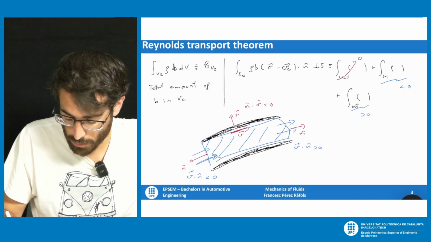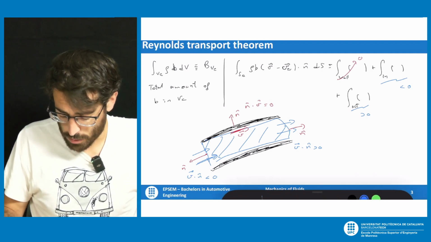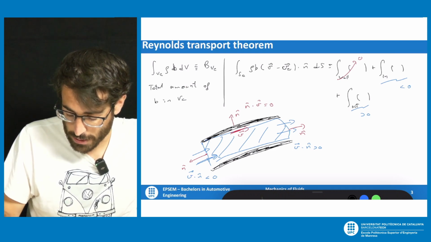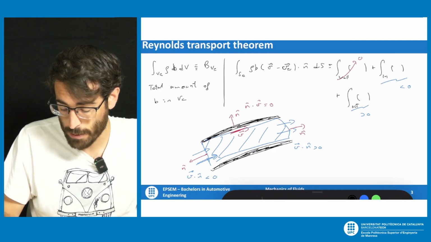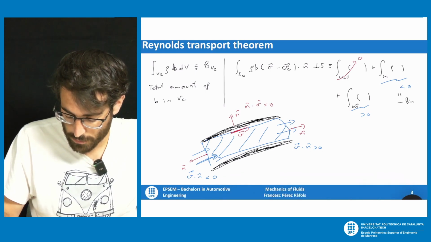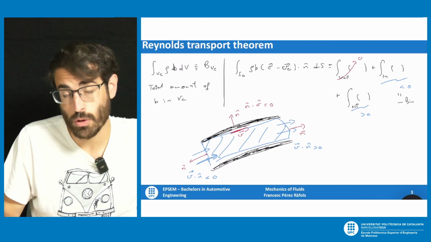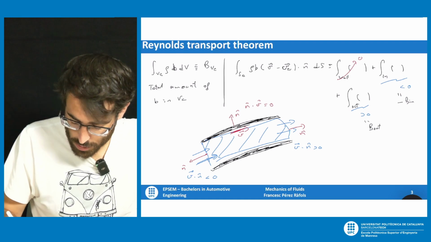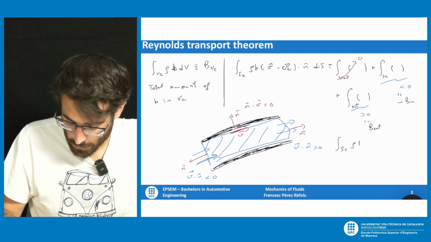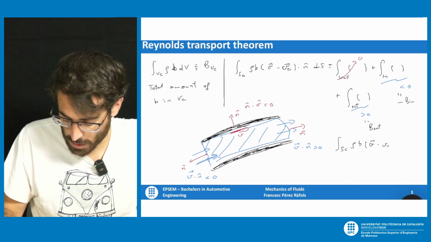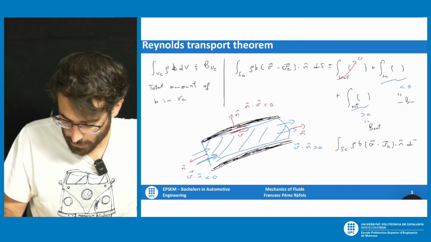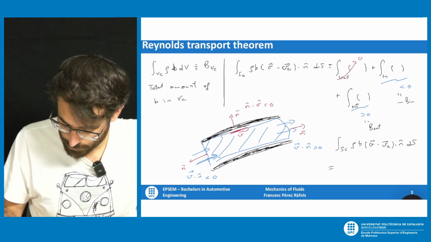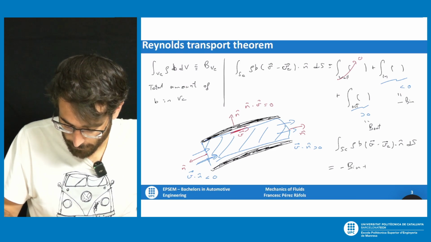So this term here is going to be positive. And what we will do is actually label this term as minus B in. So we are taking into account already the minus sign, and this one here, we're going to call it B out. Therefore, this integral over rho b, again (v minus vc) dot n dS, is going to be equal to minus B in plus B out.